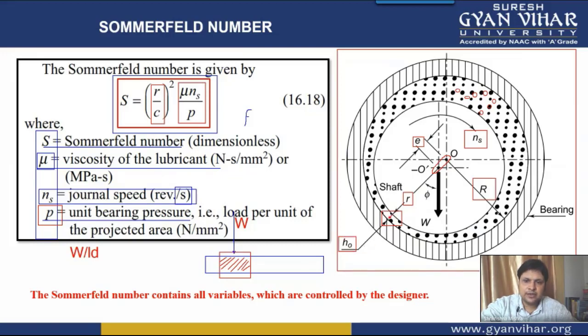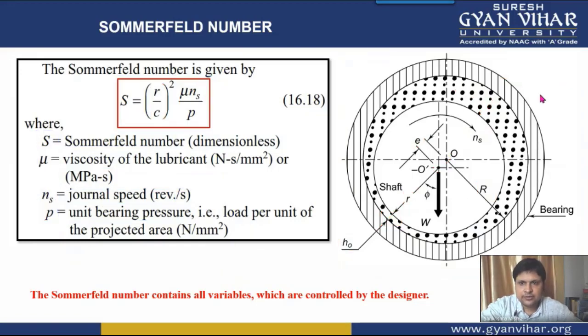So capital R becomes equal to h naught plus eccentricity e plus small r, where small r is the radius of the journal. We have also deduced some other formulas, like the eccentricity ratio.